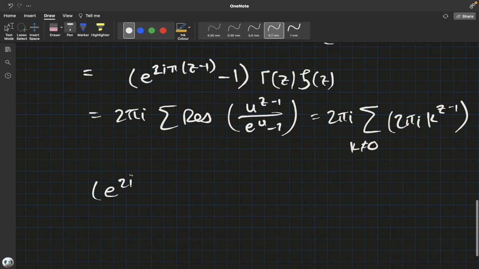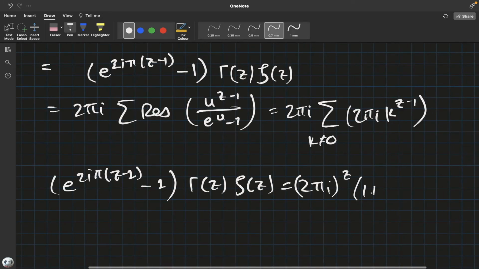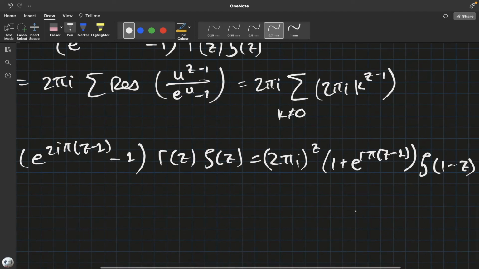So we have (2i pi)^(z-1) gamma zeta is 2i pi to the z, 1 plus e to the i pi (z-1), gamma, Riemann zeta of 1 minus z.